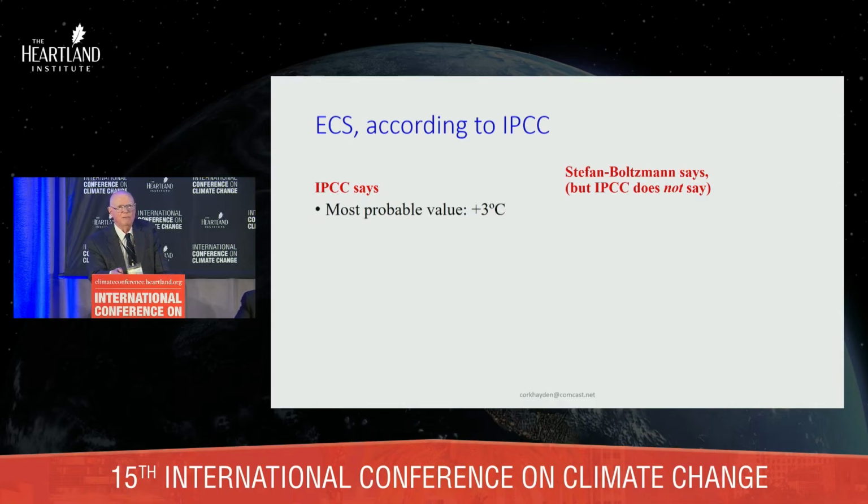In other words, if you double CO2, the temperature will eventually rise by 3 degrees. But Stefan-Boltzmann steps in and says, if the temperature goes up by 3 degrees, the surface must radiate 16.7 watts per square meter more than it does right now, or did in 1850 to 1900.